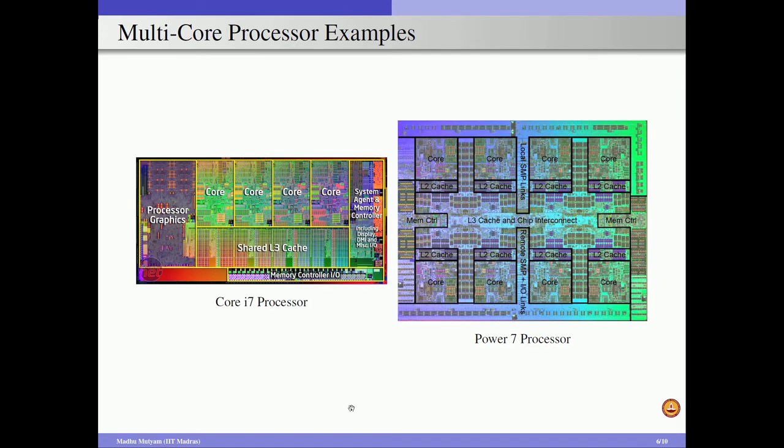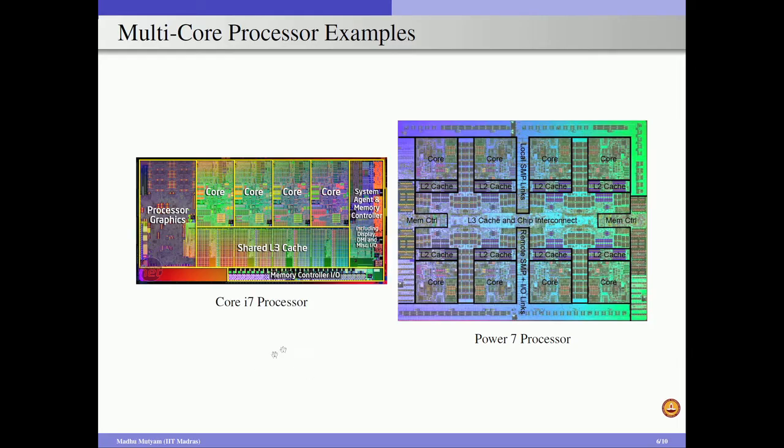In other words, these examples show that multiple cores can be integrated on a single chip, and because the cores are placed on a single chip, the communication between core to core is not going to take a significant amount of time as compared to a multi-processor system, where multiple processors are physically apart and connected through external communication links and so on.